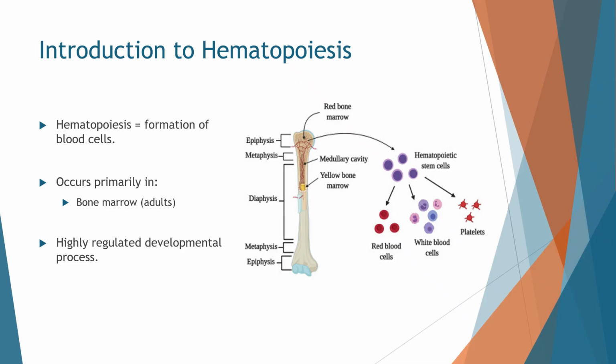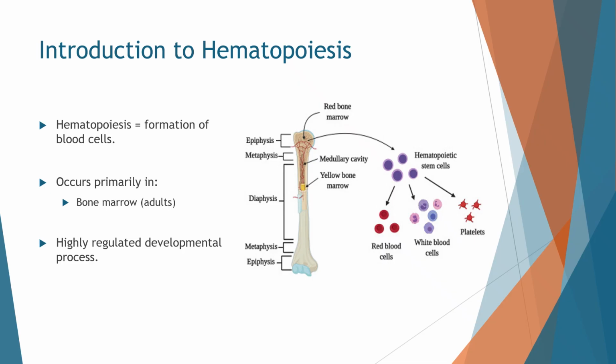From a histotechnology standpoint, marrow is fascinating because you're not just looking at one tissue, you're looking at multiple stages of cellular development simultaneously. It's one of the few places in the body where development itself is visible under the microscope. And that's why marrow evaluation requires pattern recognition rather than memorizing isolated cells.